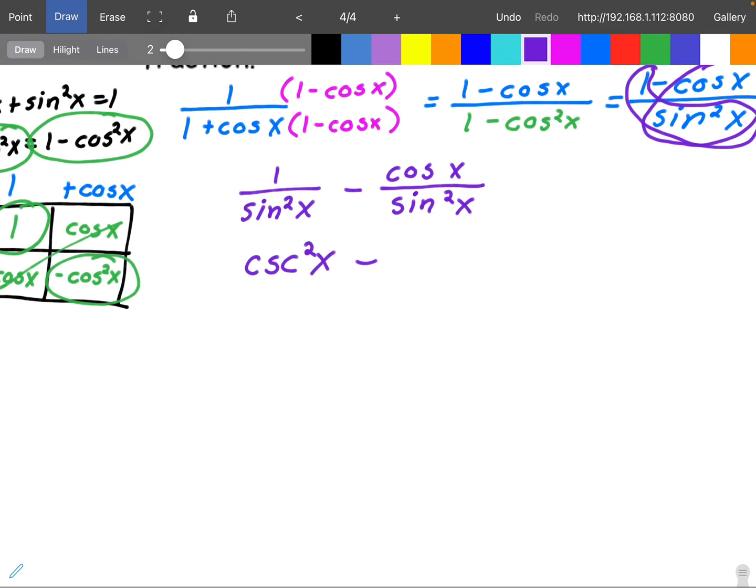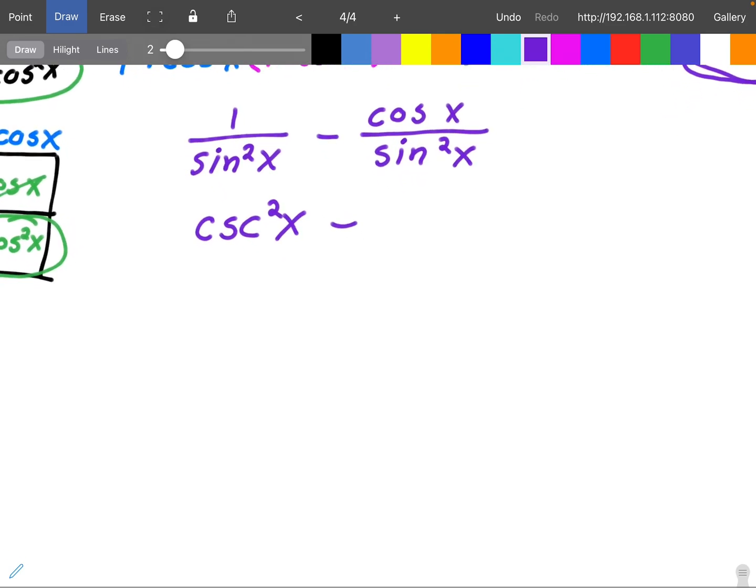Then let's take a look at our second fraction. Now, I have a single cosine on the top. I have a sine squared on the bottom. So remember that sine squared means the same thing as sine times sine. So then what I want to do is separate this into our two separate sines.